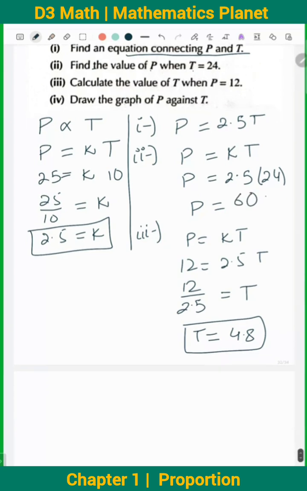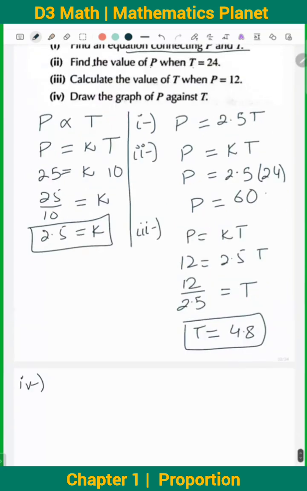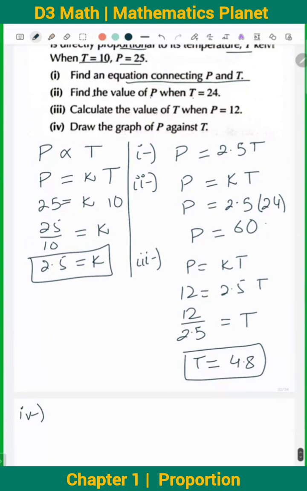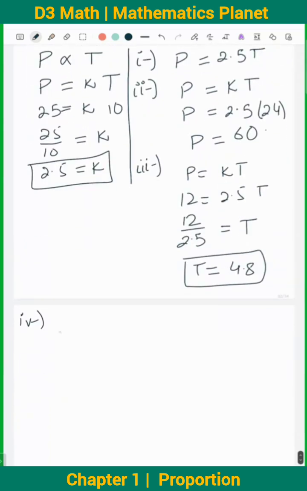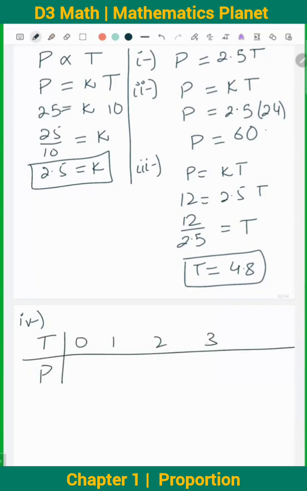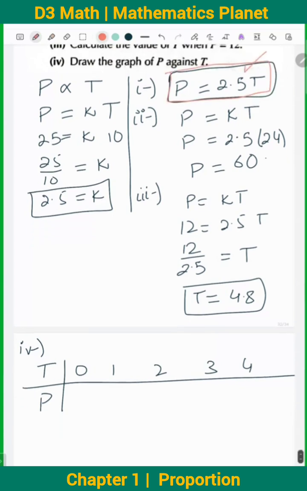Okay, draw the graph of P against T. Fourth part. Now we are going to make a table again for P and T. We are going to use this equation, P equals 2.5 T. When T is 0, P is going to be 0.